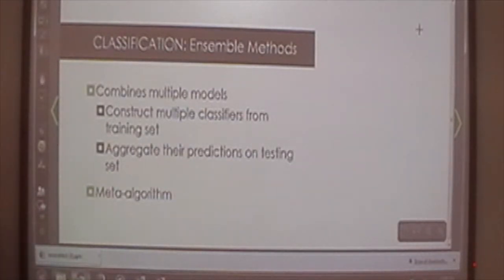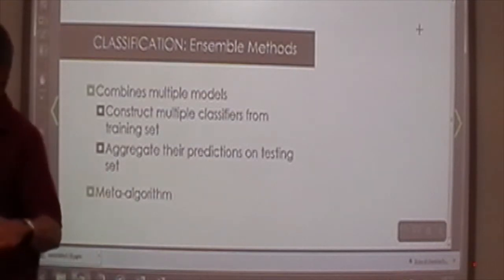So, ensemble methods, what are they? And why do we use these? So we've already discussed a number of different basic classification algorithms. We started with decision trees.